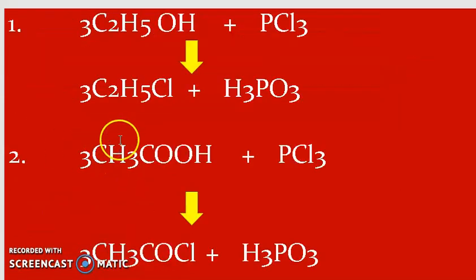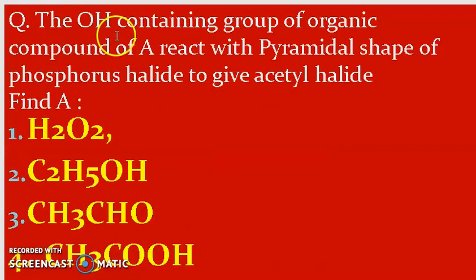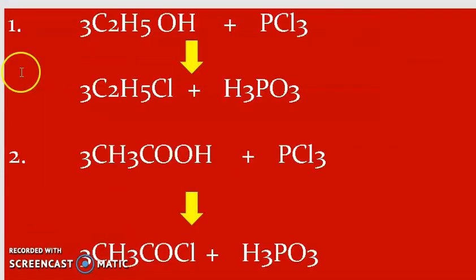Here I have given the equation, C2H5OH, because in the question they have mentioned an OH containing group of organic compound A. So I have taken C2H5OH plus PCl3, since we know the pyramidal shape of phosphorus halide is PCl3, phosphorus trichloride.